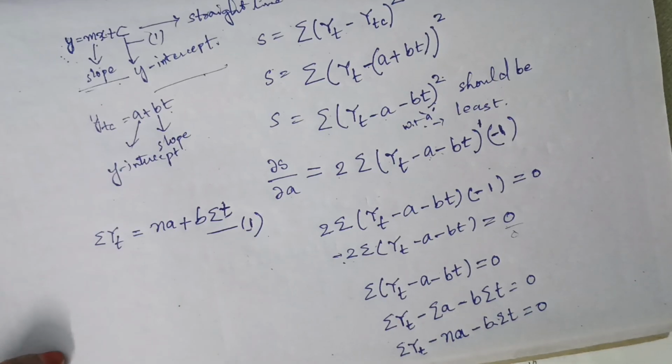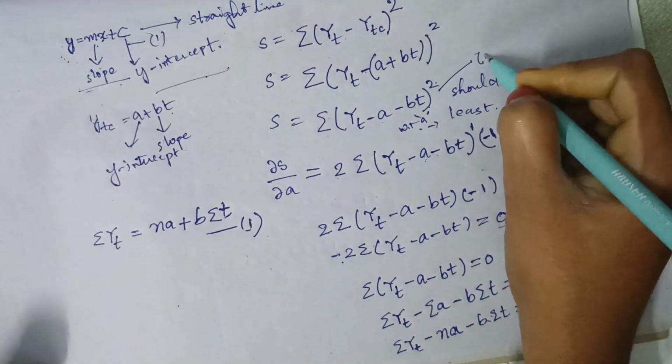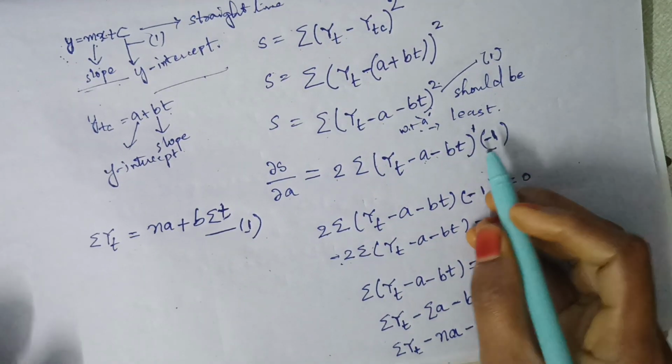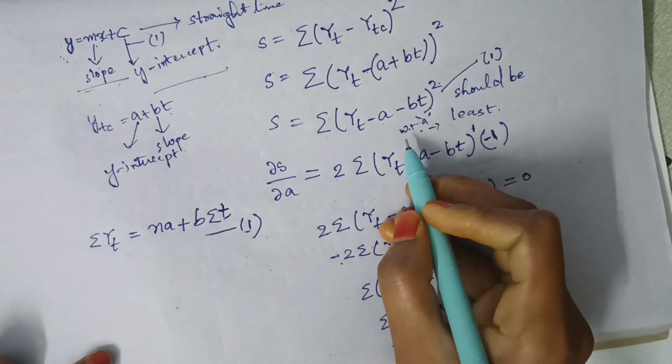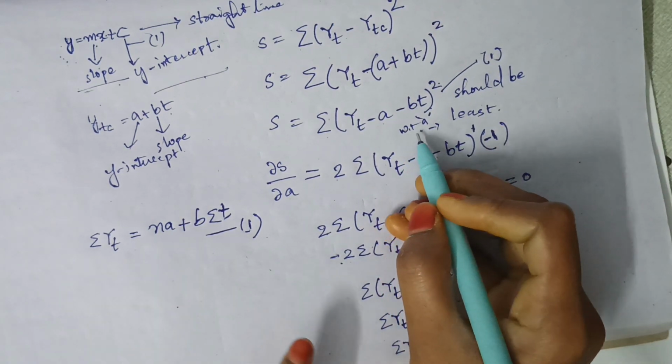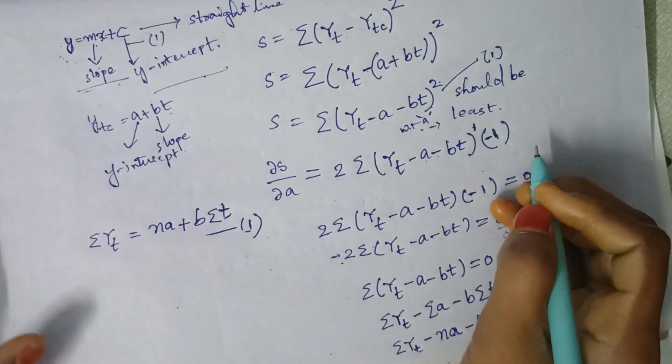Now we have to partially differentiate with respect to b, and we have to equate that equation to 0.